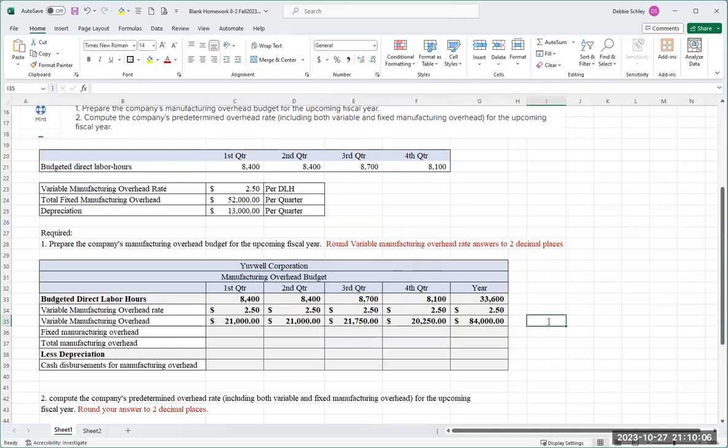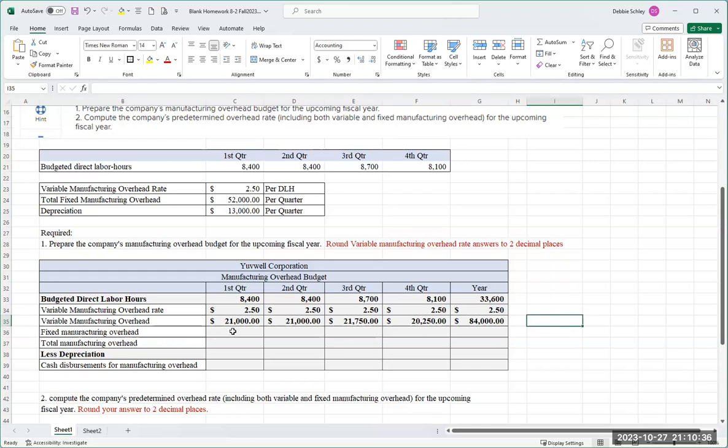So I'm just going to show you that I will get the same answer if I add them across this way. 84,000. So same answer, two different ways to get it. I just like to be careful in this last column because on some of these charts that they have you make, it matters which direction you go. Okay.